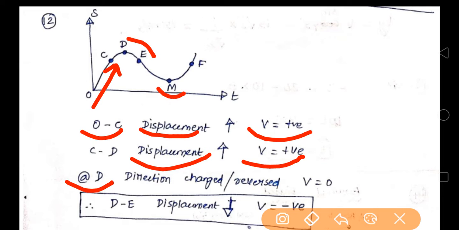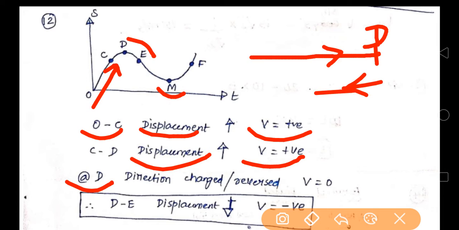So what does it indicate? Initially the particle is going just like this, and the displacement keeps on increasing up to D. At the point D, it is changing its direction. Then only you can say displacement is decreasing.